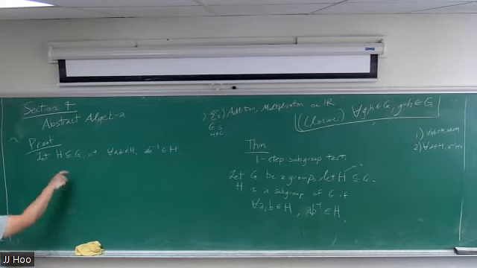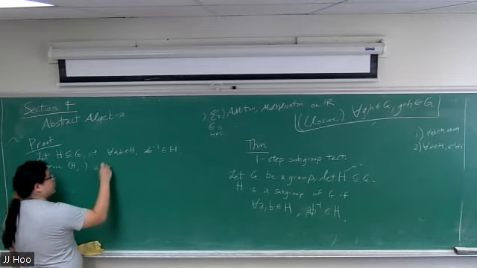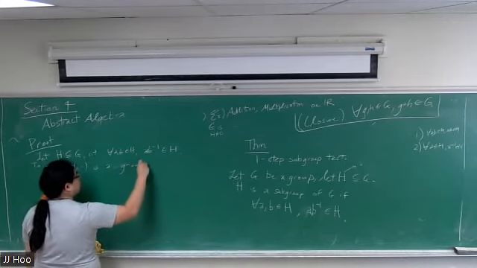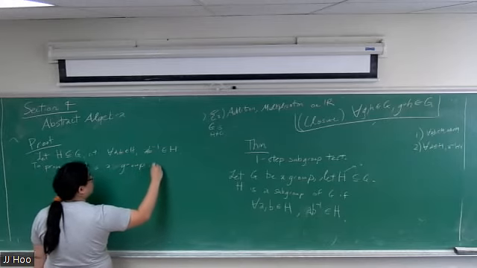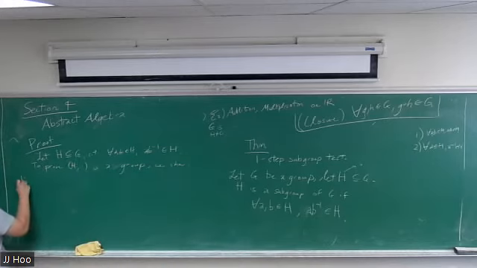So to prove that H is a group, in other words, a subgroup, we need to show all 4 properties. So I'll just label them, right?